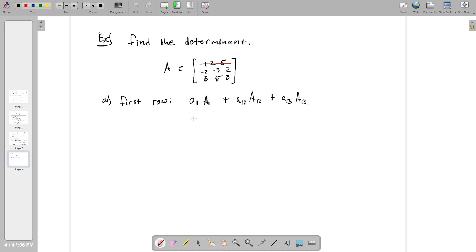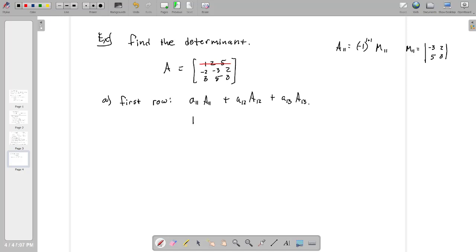So a11 is 1. Now capital A11 is equal to negative 1 to the 1 plus 1, which is positive 1, times M11. Now remember what M11 is. We cross out the first row, first column, because that's i and j, and we take the determinant of the remaining matrix, so negative 3, 2, 5, 3. So M11 will equal the determinant of negative 3, 2, 5, 3.